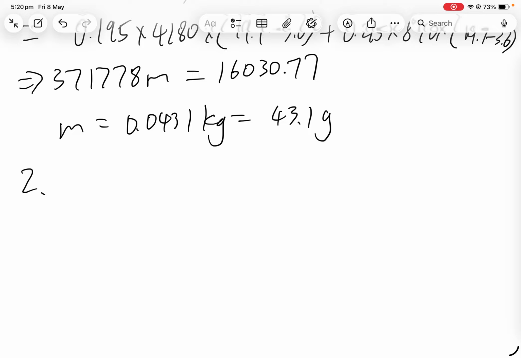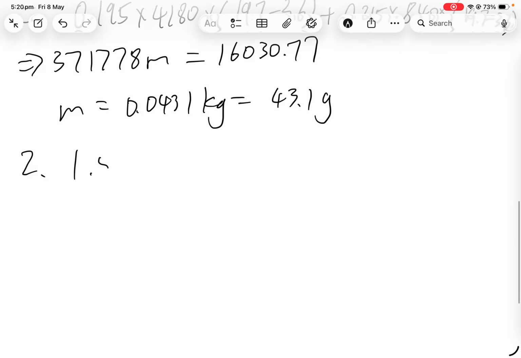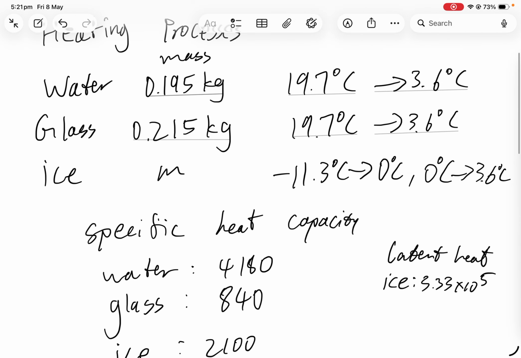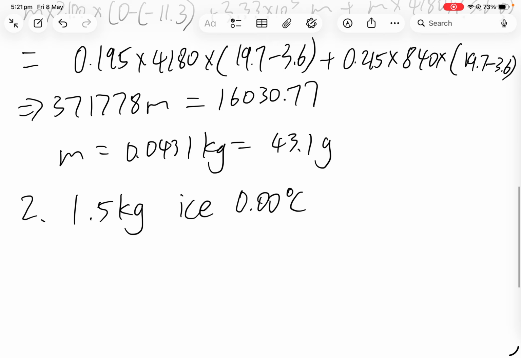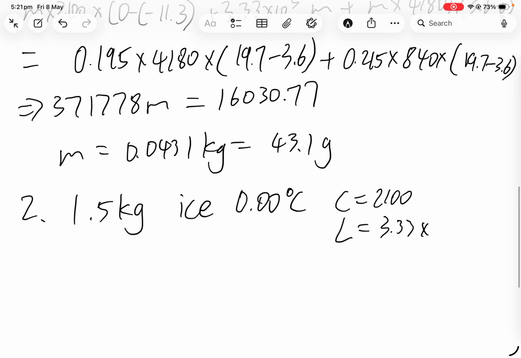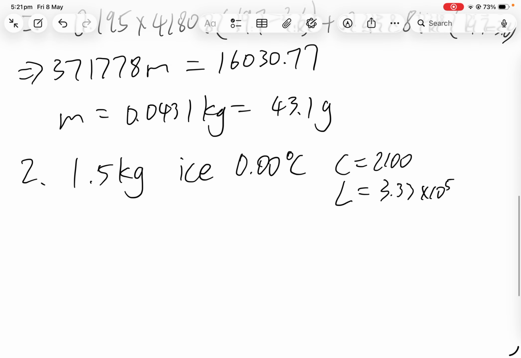Negligible, yes, okay. Basically, let's do that again. This only has steam and ice, so everything's just water. We first have 1.5 kilograms of ice at 0 degrees Celsius, so ice has c equals 2100 and latent heat equals 3.33 times 10 to the power 5.